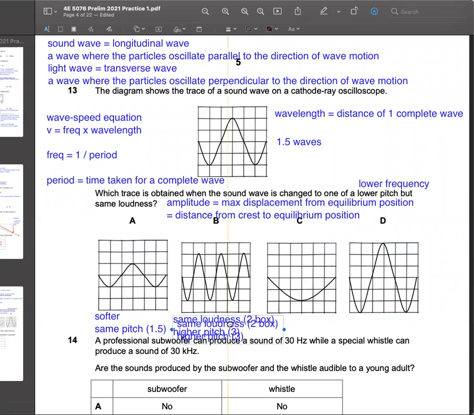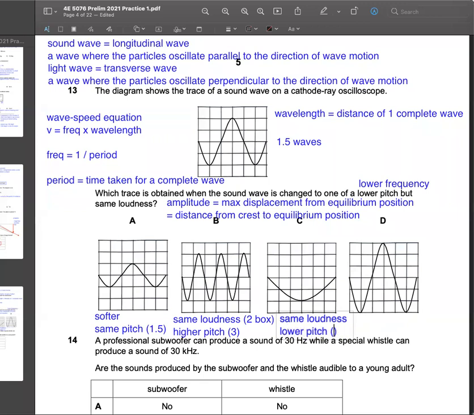Okay, then next one, C. It's softer. Why softer? Same loudness and a lower pitch. It's still two boxes, but lower pitch.